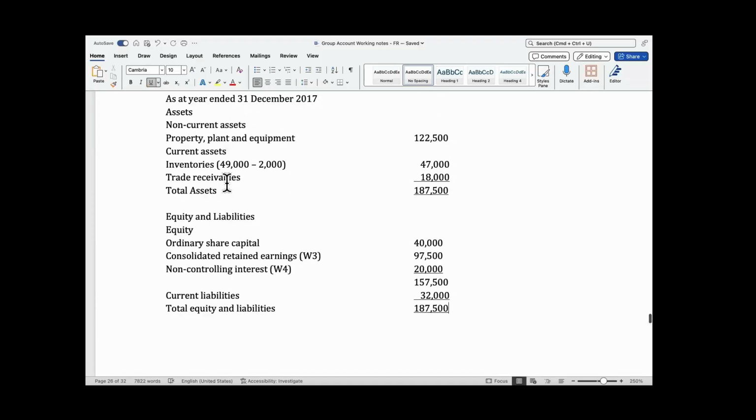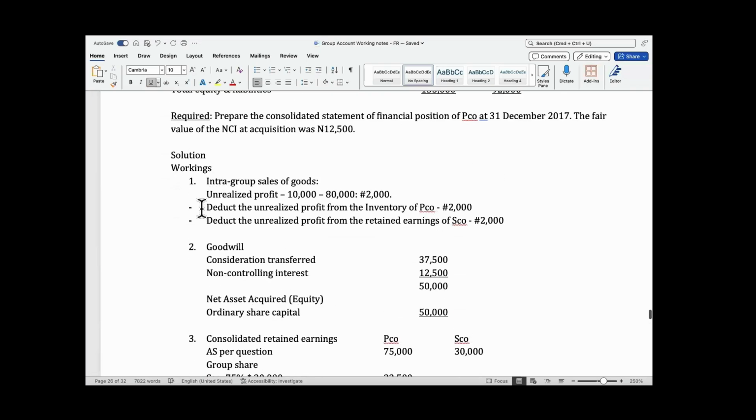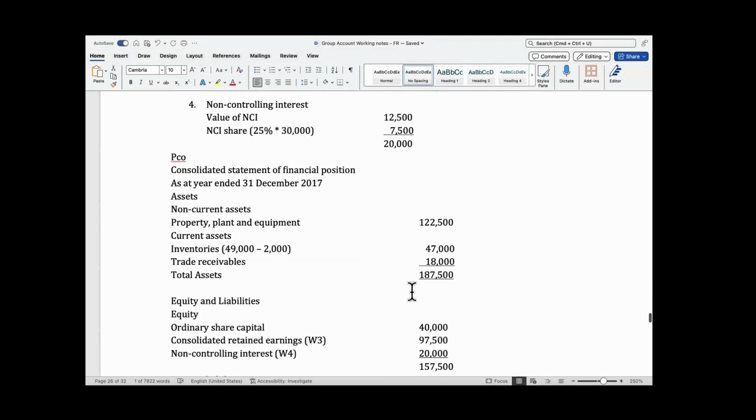So the only thing that is new in this question is how to treat this. That's the only thing. Every other thing is something we have looked at before. How to remove this unrealized profit. Now moving on.